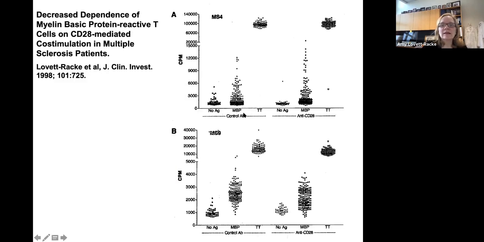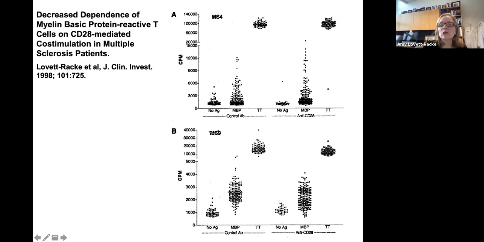This is increasing proliferation, and this is our control, so no antigen. This is stimulating with myelin basic protein or tetanus toxin. Everyone should recognize tetanus toxin because everybody gets their tetanus shot every 10 years, so you should have a robust response, okay? And this was our control.